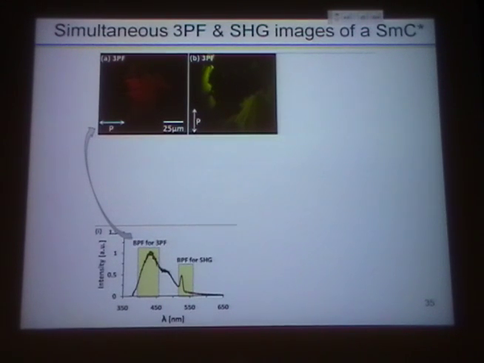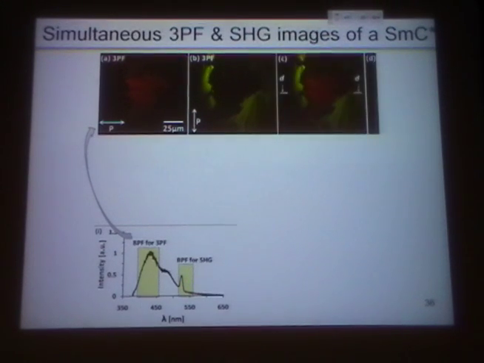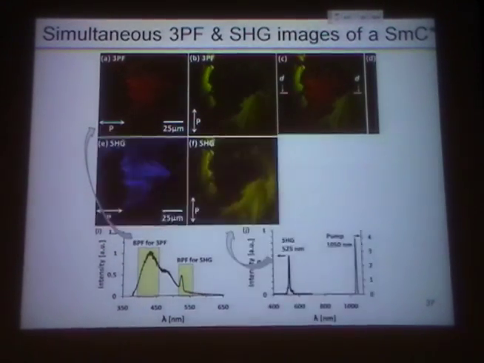We can obtain the very same information from CARS signals if we detect the CARS signals corresponding to the CN chemical bond in the liquid crystal molecules. So now, in addition to the multiphoton fluorescence and CARS and SRS imaging techniques, we can also do multiple harmonic generation in liquid crystal samples that are non-centrosymmetric, like chiral smectic C star. In this case, we can obtain strong second harmonic generation corresponding to wavelengths two times shorter than that of the excitation laser light, or at frequency two times larger than that of the excitation laser light.